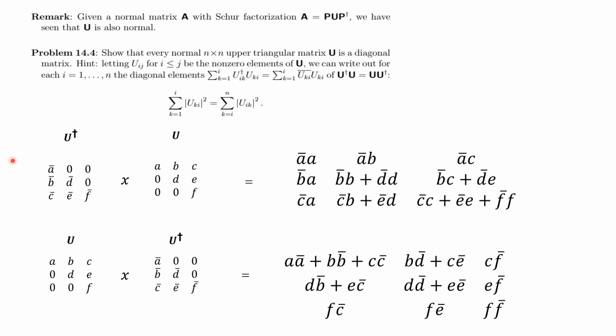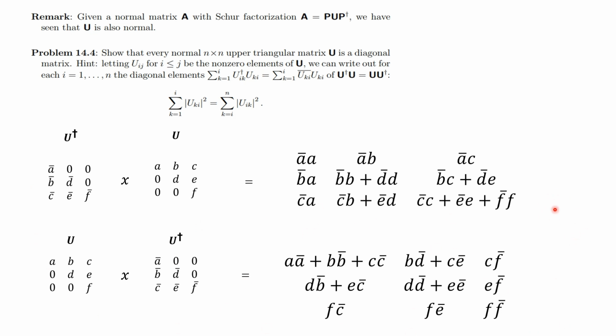However, when I actually tried calculating the product of U and the product of U with the Hermitian transpose of itself, by taking a 3 by 3 matrix U whose entries above the diagonal are arbitrary values, for example, here A, B, C, D, E, F right here, and if I take the product of the Hermitian transpose of U in this order, I get something like this. And if I take the product of these two in the other order, I get something like this.